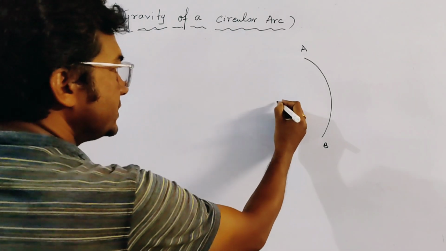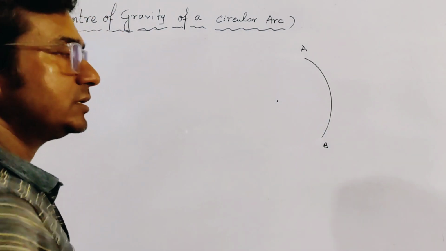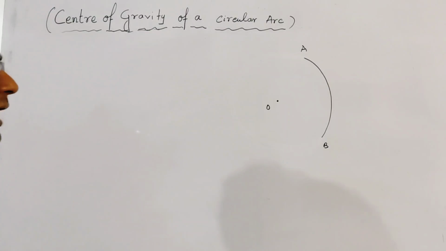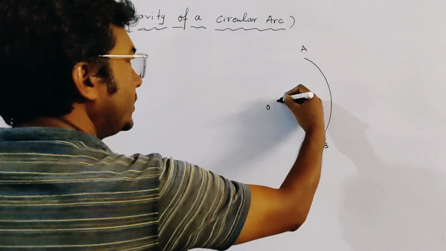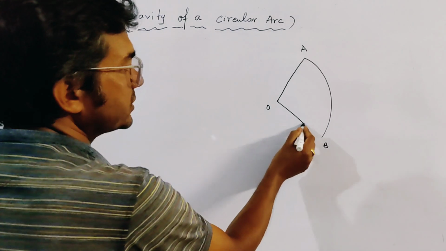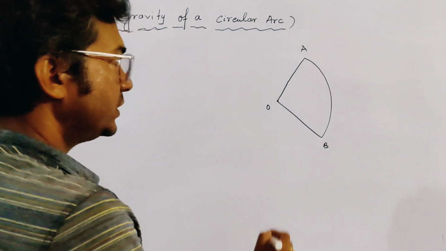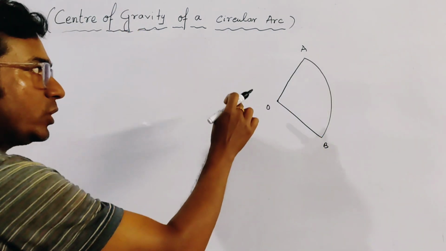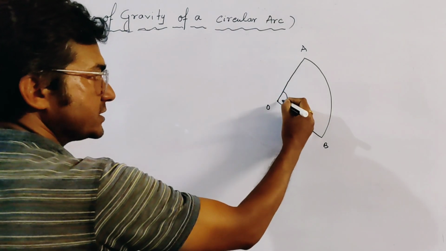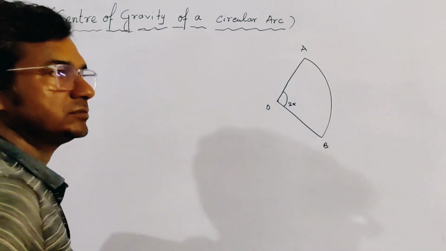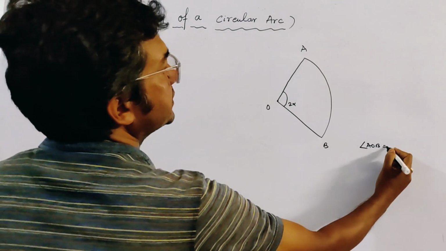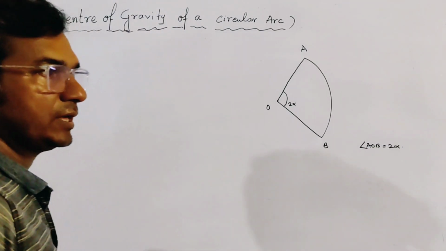Now this is the center of the circle. Let it be at O. And we join OA and OB first. Let two lines OA and OB make angle 2 alpha at the center. That is angle AOB, equal to 2 alpha.